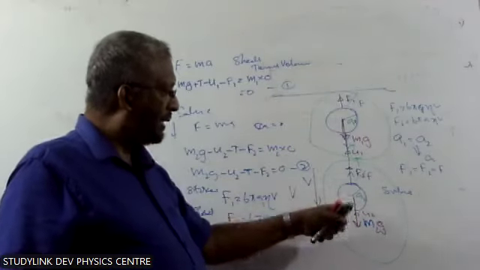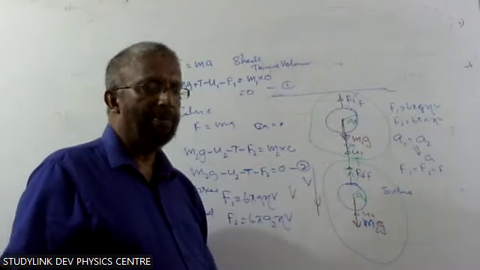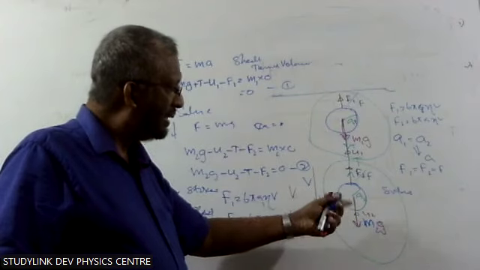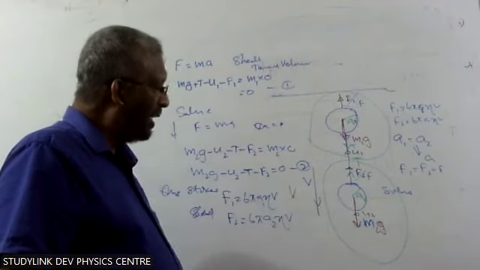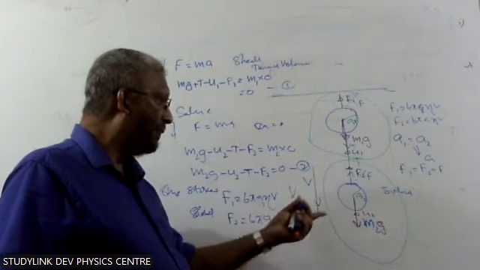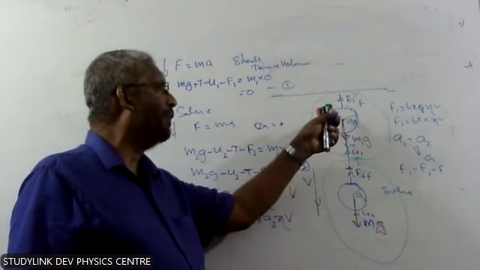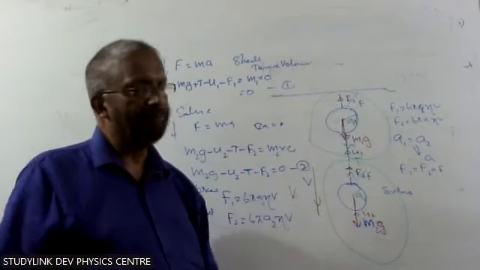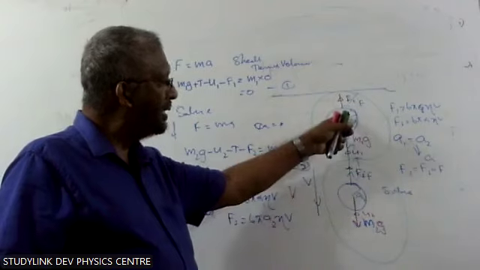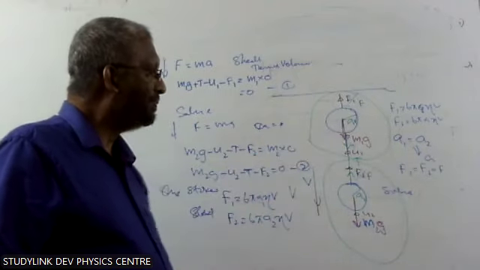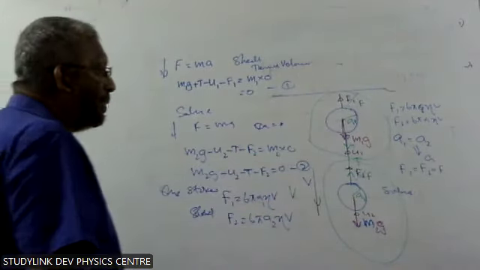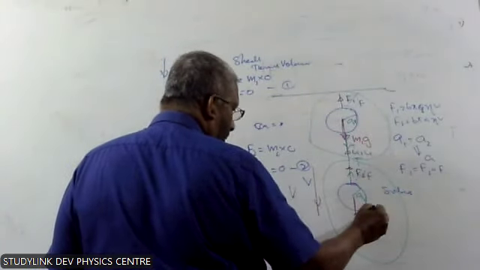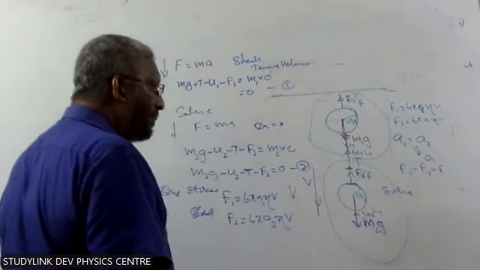If radii are the same, upthrusts are the same. Why? Upthrust is the weight of liquid displaced. The displaced weight of the liquid due to the solid one or the hollow one is the same if the radii are the same. This is the external radius. Then you don't want to mark U1, U2 separately. You can mark it as U, here also U, because both are the same.